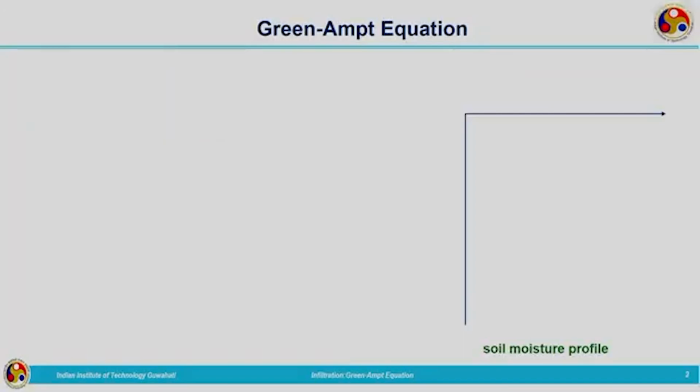Before starting the derivation, we need to have an idea about the different parameters considered. So first, let us have a look at the soil moisture profile. This is the ground level, and along the vertical axis, the z axis, we are marking the depth beneath the ground surface.